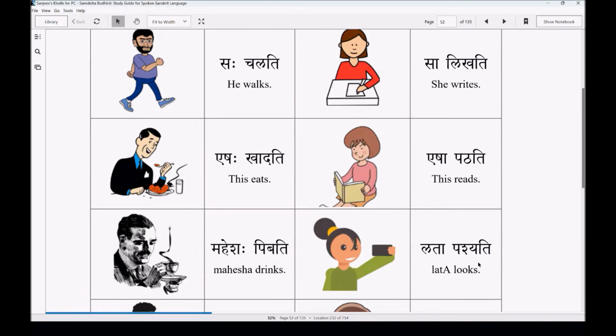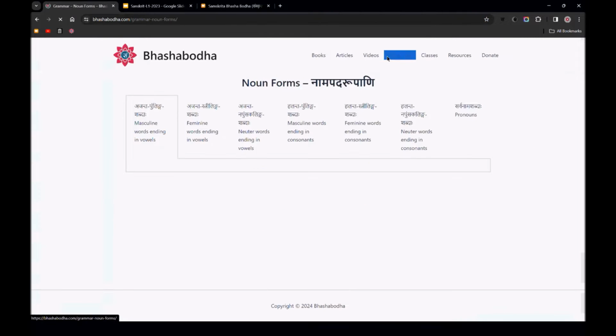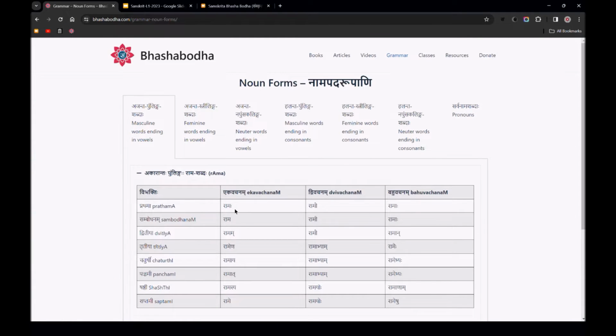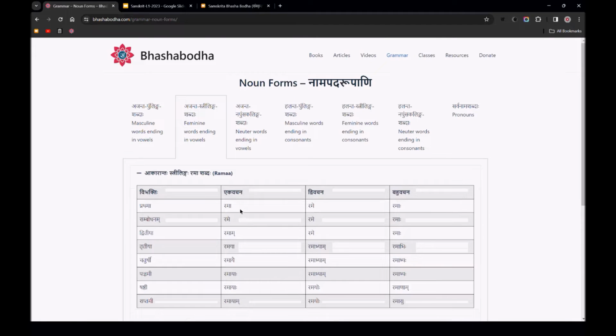So what we are seeing is one pattern here. Just like we saw in case of namapadas also, right? In case of nouns, the Rama Shabda, Pratama Vibhakti here in this case is ending in Visarga. But in Strilinga case it is ending in A.